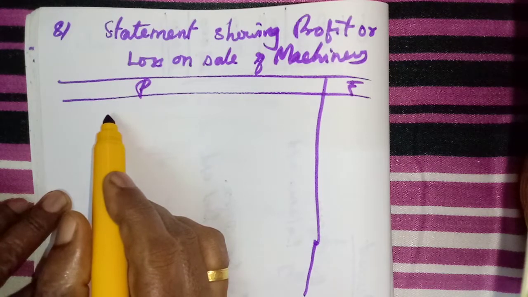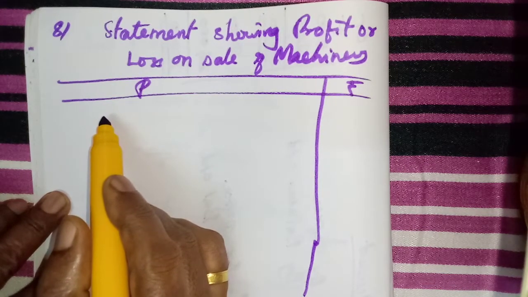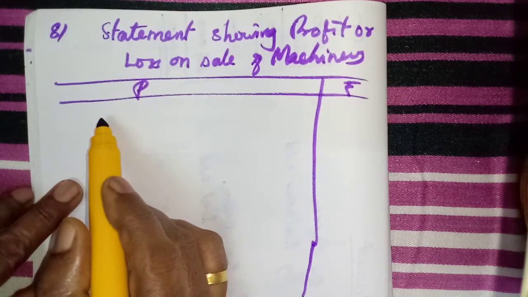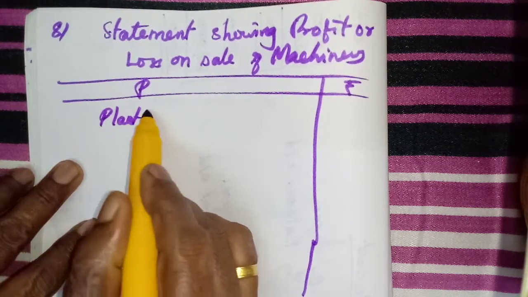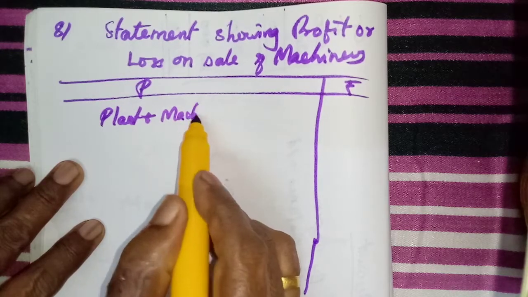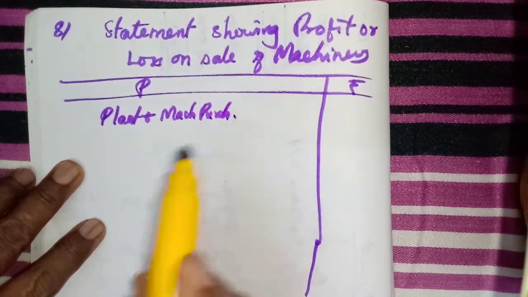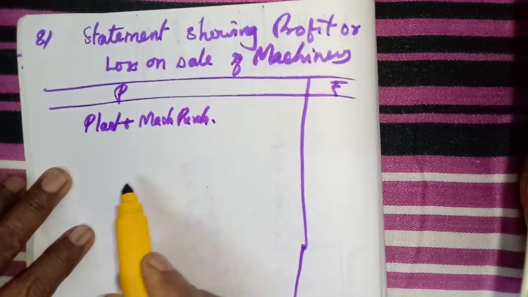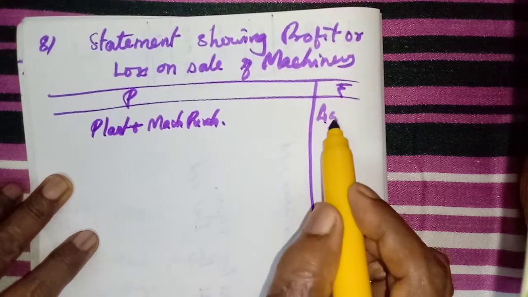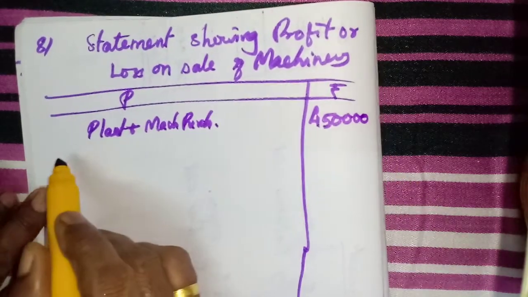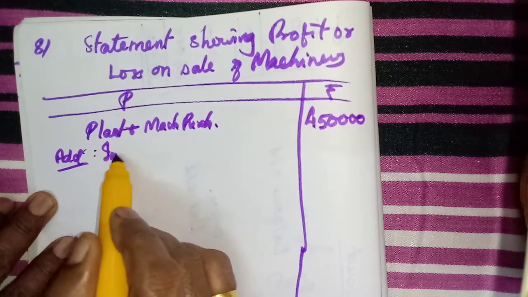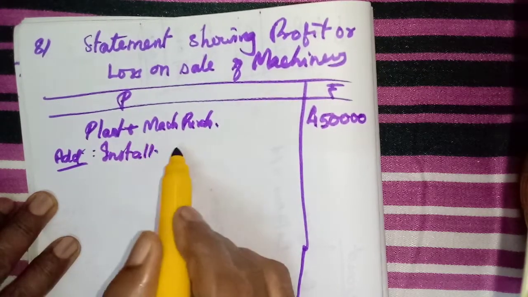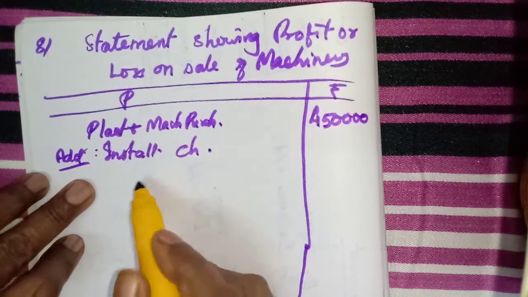We have purchased, isn't it? Plant and machinery purchased. How much? 4,50,000. Then add what? Installation charges, 50,000.